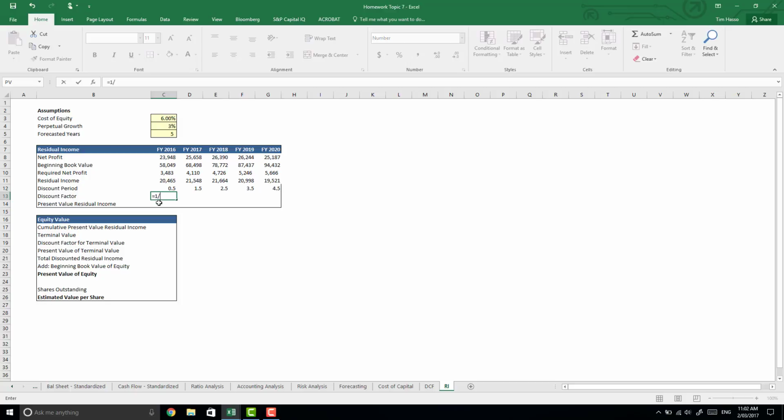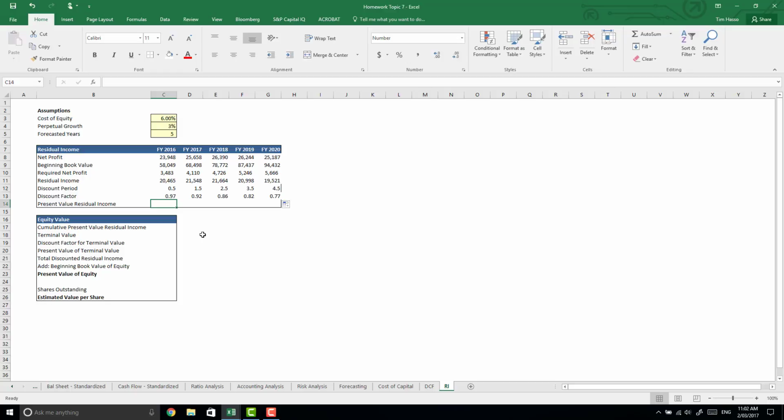We take 1 divided by 1 plus, in this case, cost of equity to the power of the discount period. And again, remember to lock cell C3 by using the dollar signs. Click enter and you get 0.97, drag it to the right to get the, I guess, discount factor for the future periods.